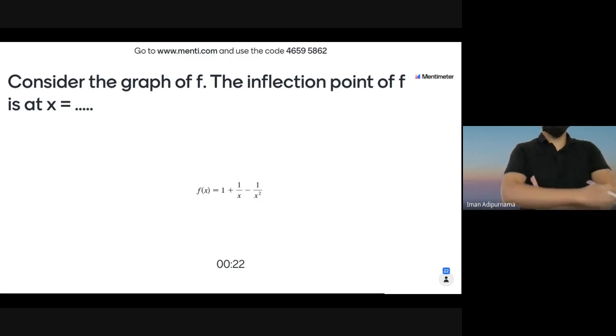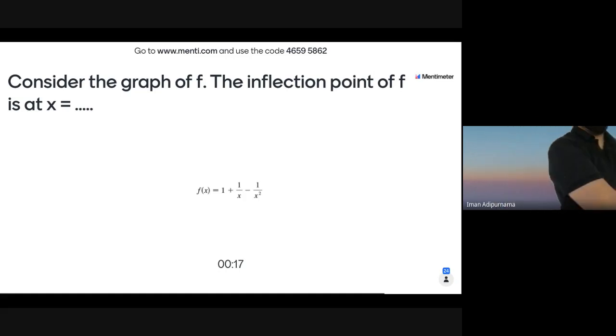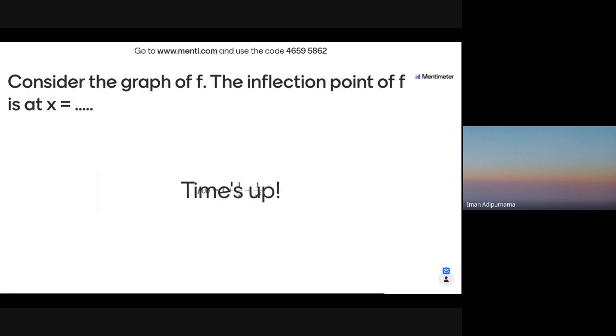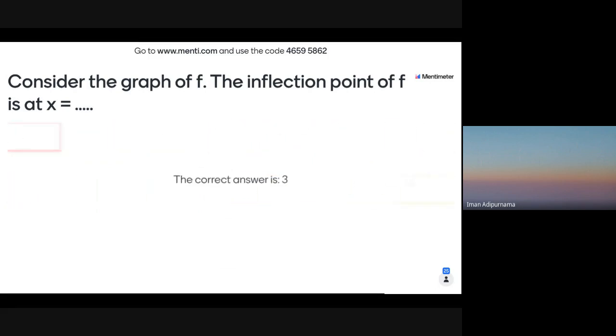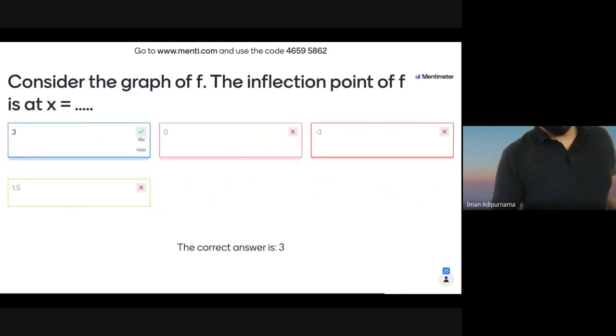Okay, 20 seconds. Sure, if you can open the graphing calculator, you can graph and see the inflection point. That also can do as well, if you want. 3, 2, 1. Okay, time's up.